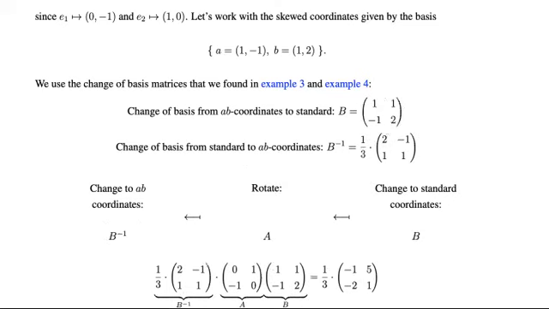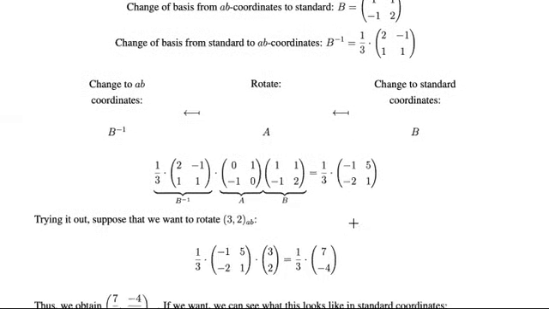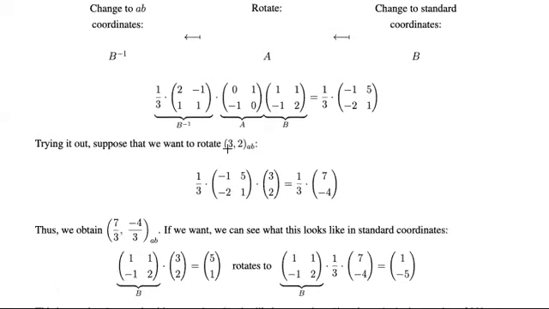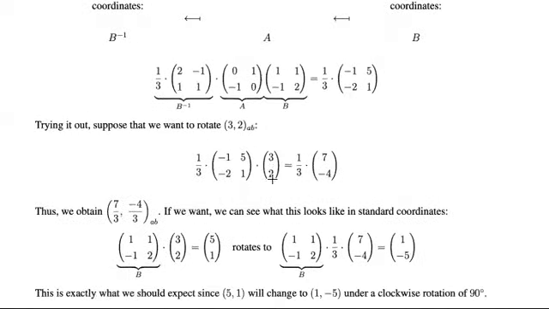Now let's take a look at an example of what's going to happen with this. Suppose we want to rotate 3, 2 in AB coordinates. How would we do that? Well, we think of 3, 2, and when we plug it into this function, we end up getting this.